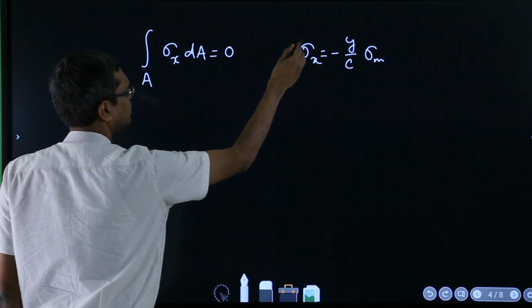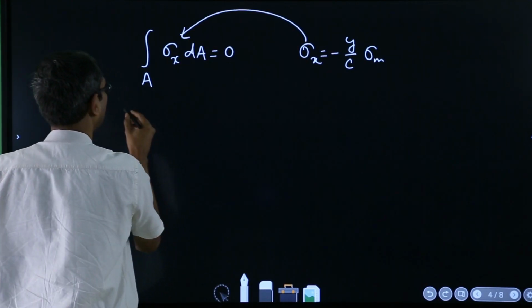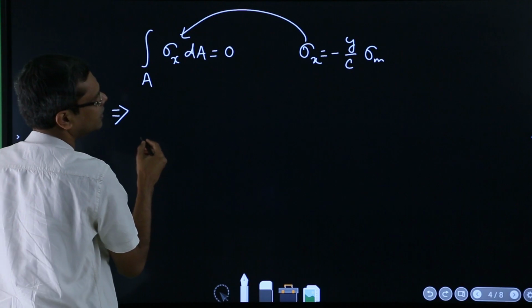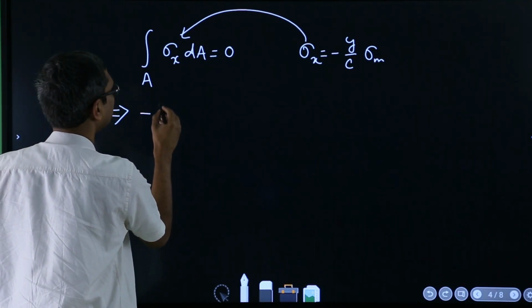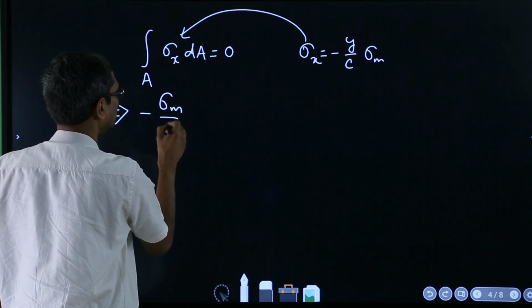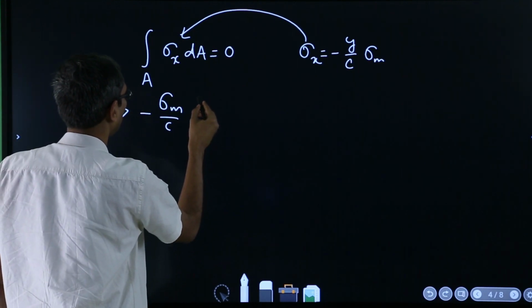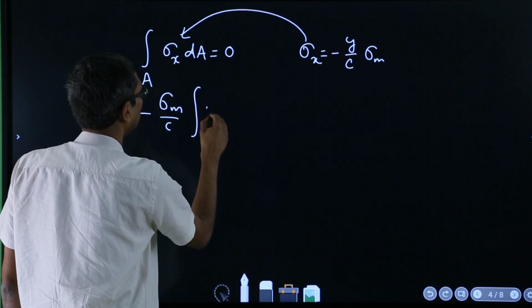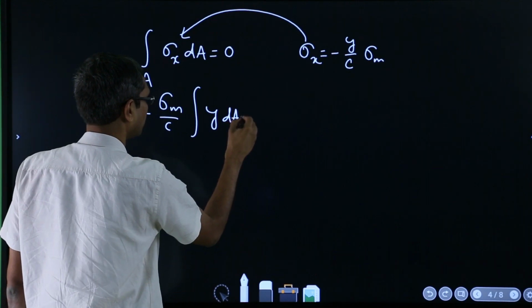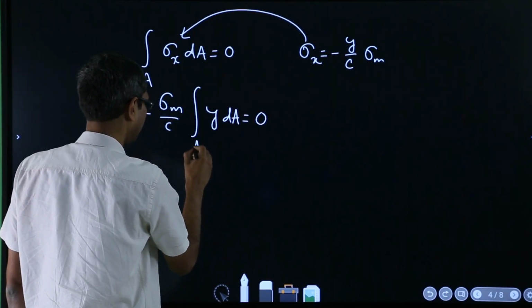Now just substitute this here. So that will give us negative sigma m over c. These are constants, I have brought them out. Integral of y dA is 0 over the area.